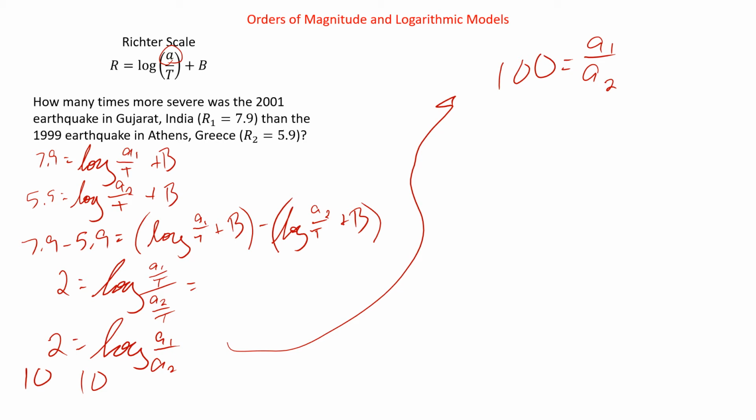And so what that means is that the earthquake was 100 times as severe in India than in Greece. Because that's what it was asking, how many times more severe. So 100 times more severe.